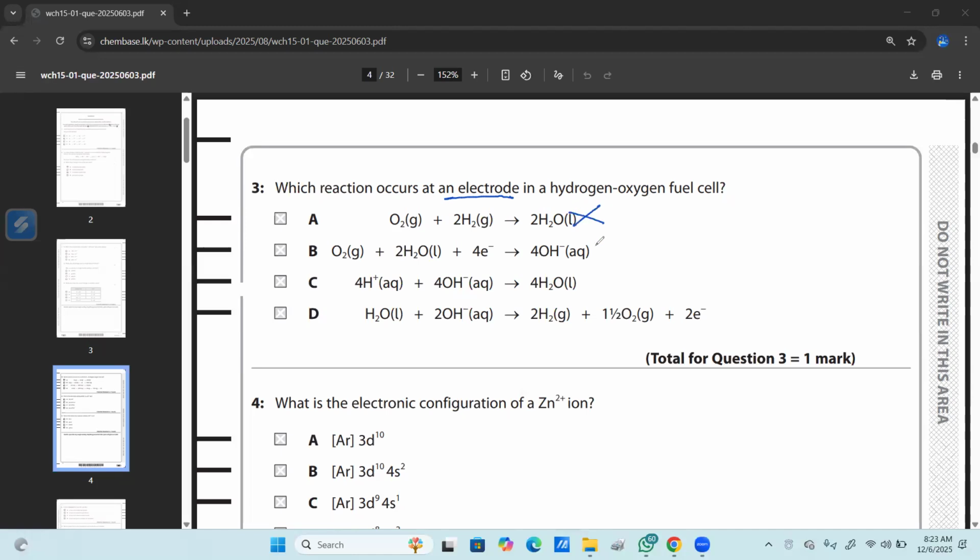So we can easily omit A, because if it's happening at an electrode, it should have electrons. I omitted A because it's an overall reaction. I can omit C as well. So I'm left with two options, B and D. Out of that, the correct answer is B, because it's direct theory. It's given in your student book.